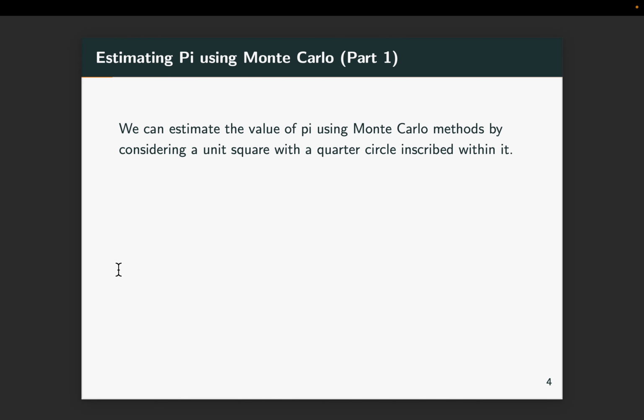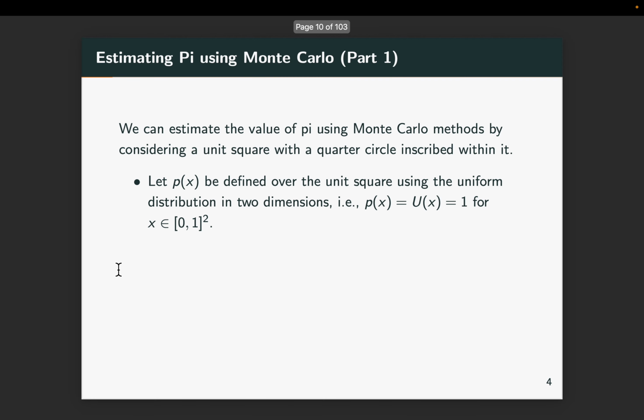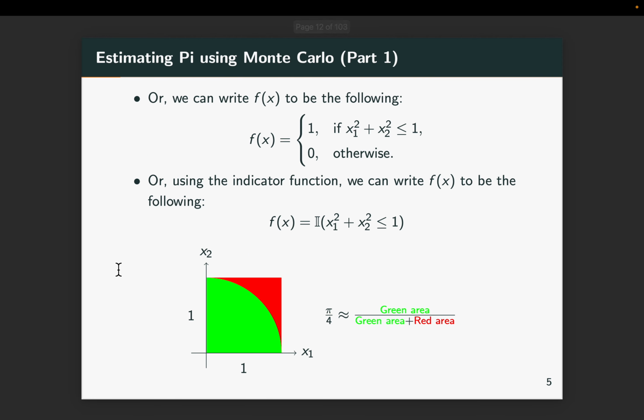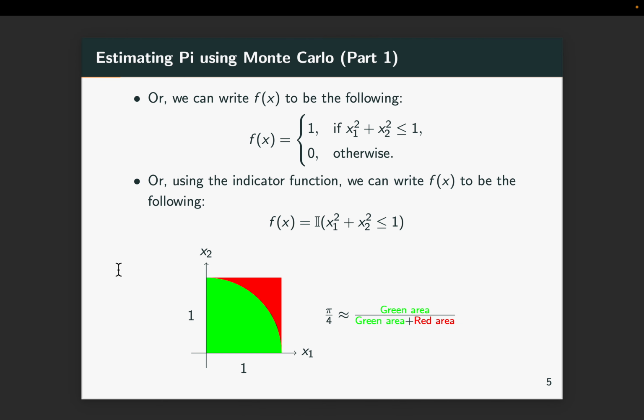We saw how to calculate the value of pi using Monte Carlo methods. So for the value of pi, what is f(x) and what is p(x) that we can use? Let's look at the figure. This is what we're trying to get.